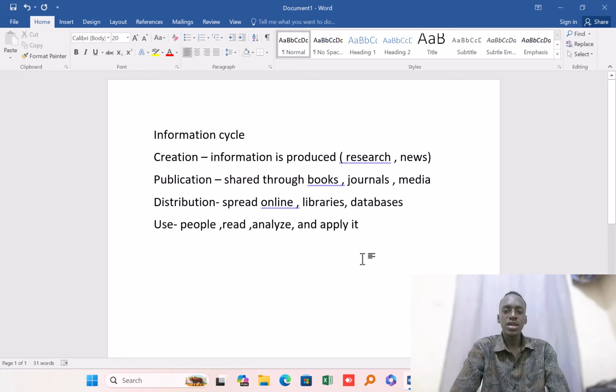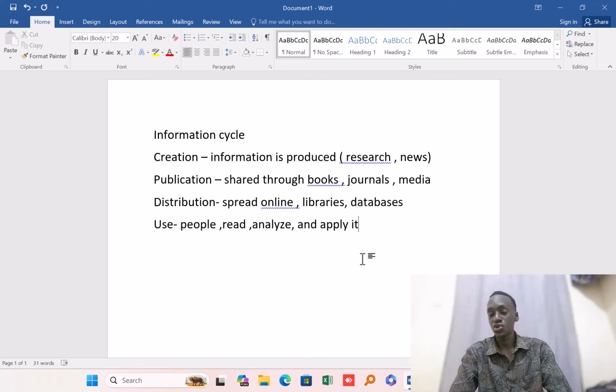After a person may be reading biological science or reading your journal, they need to apply. If it's a book about health, they need to apply the things that you have come up with. So after the information cycle, we are going to have the skills of an information literate person.